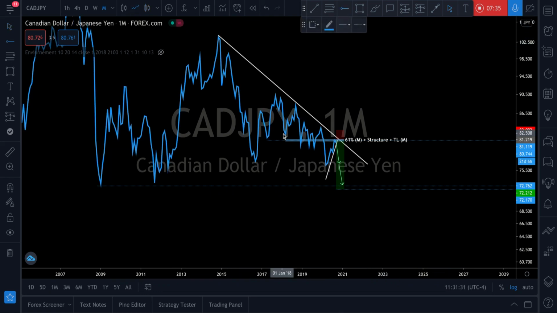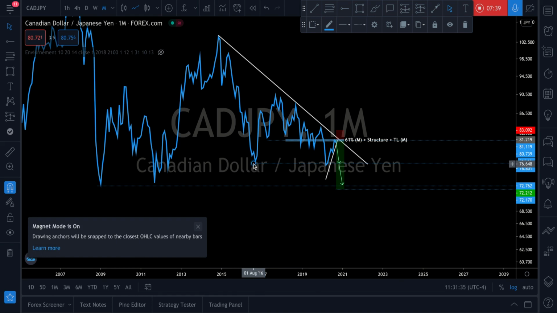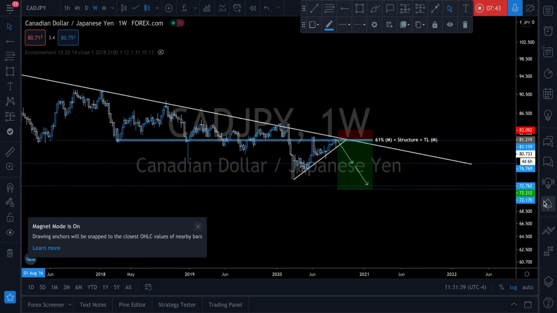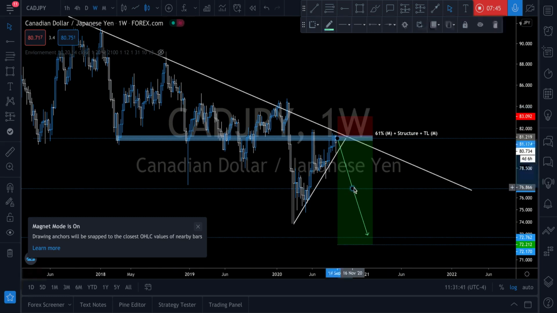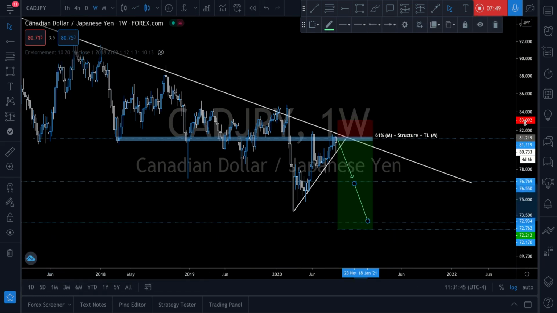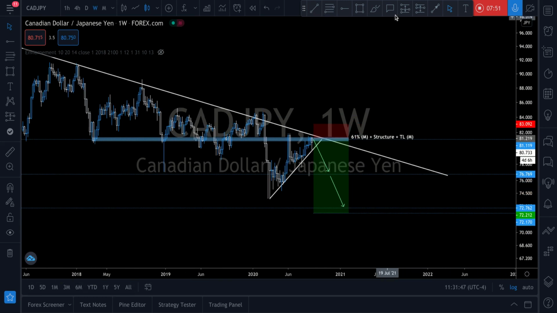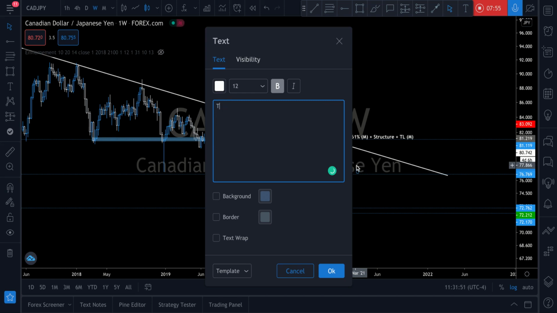So I'm going to come back up here real quick because I accidentally deleted it. Okay, so this is TP1, and this is just going to be structure.